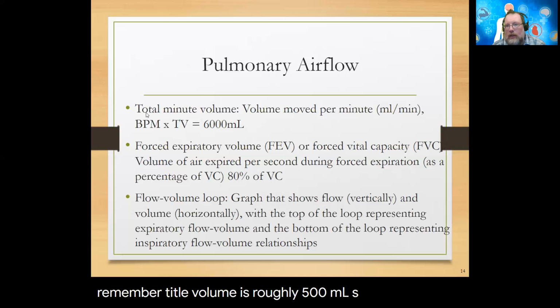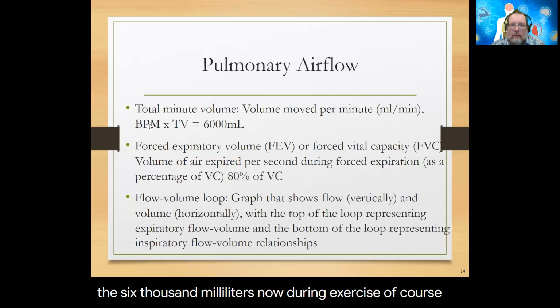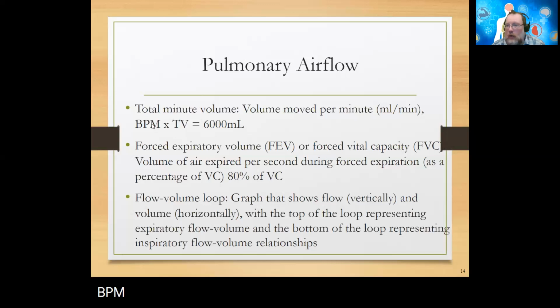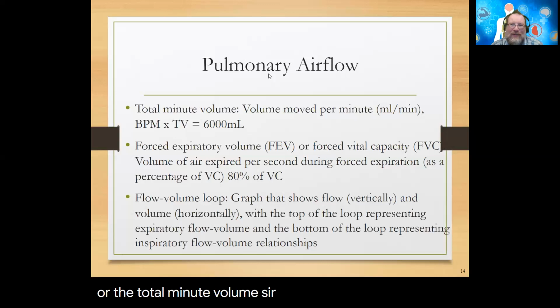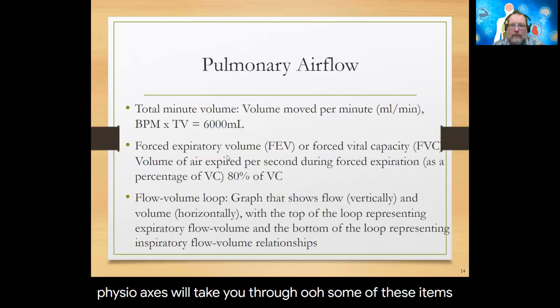We typically breathe roughly 12 breaths per minute. That's what puts us at the 6,000 milliliters. Now, during exercise, of course, breaths per minute is going to go up. So we would see pulmonary airflow or the total minute volume certainly go up. And again, doing PhysioEx will take you through some of these items.